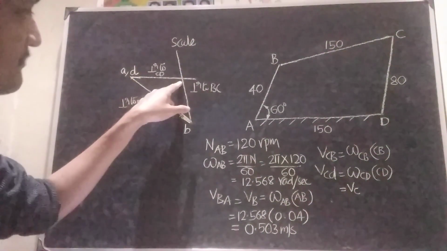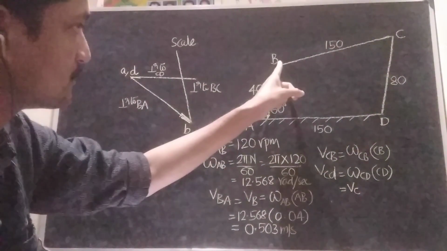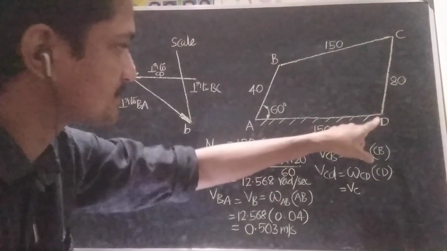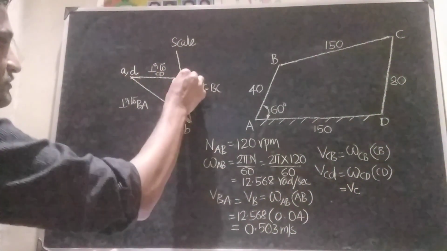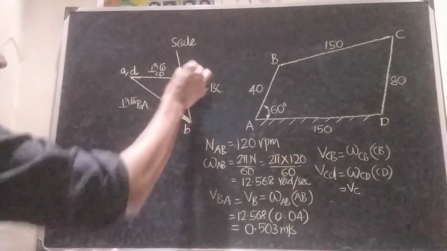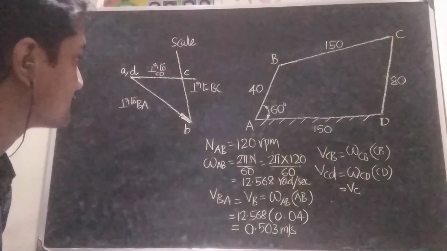Then the velocity of C with respect to B and the velocity of C with respect to D intersect at this particular point, and that point will become point C, small letter c.